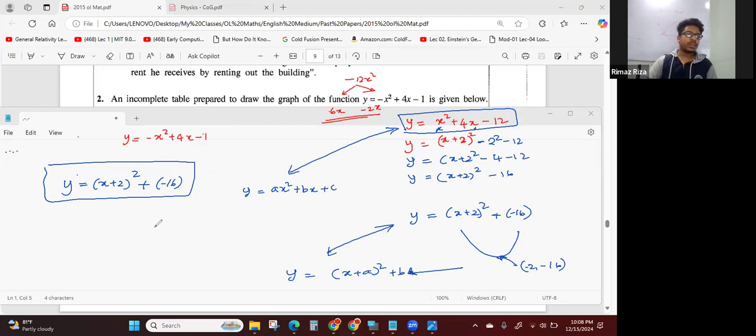This is a constant, it won't change. If you put any value of x, this constant won't change. It's not a variable, it is a constant number. Only the y depends on this part. Only this is the variable. Therefore, y depends only on this part.